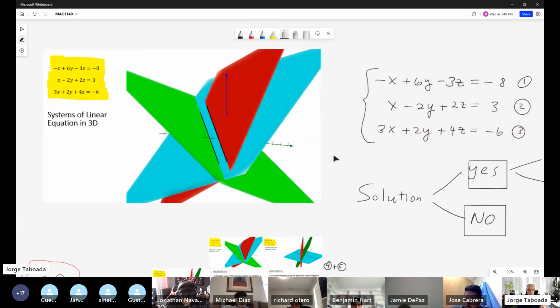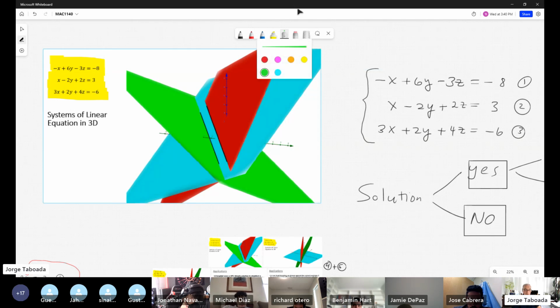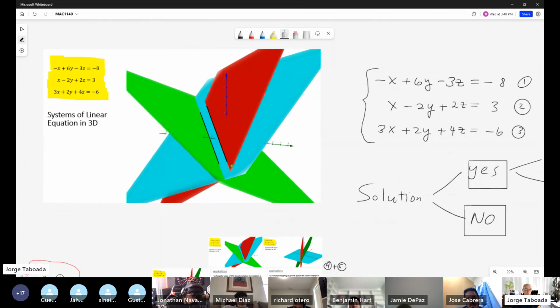My question, let me reformulate my question. Do you see one common point that belongs to green and red and blue? There is a common point between blue and red here, right? We have another common point here, between green and blue.